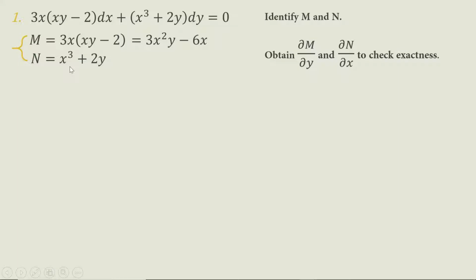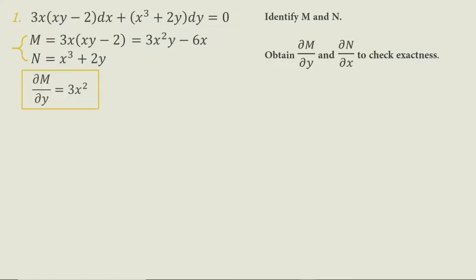And next, we have to obtain the partial derivative of M with respect to y and the partial derivative of N with respect to x to check the exactness. Dapat equal itong dalawa in order to conclude that this equation is exact.